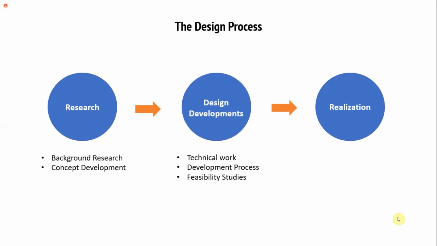Feasibility studies mean you have to check whether this particular material, with the stitch type and machine type that you're going to use, is practical to achieve this detail, whether you can stitch this particular fabric in the machine you have selected.